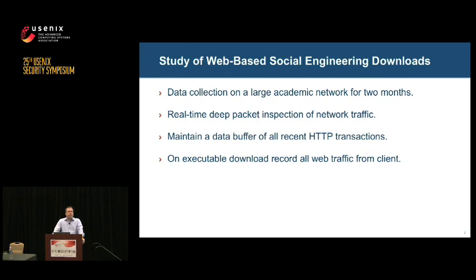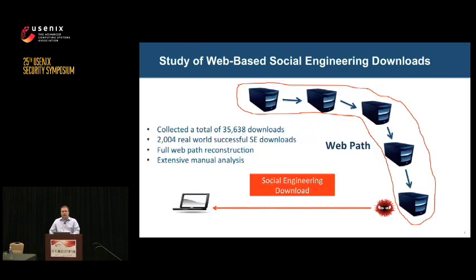Once we observed an executable download, we recorded both the executable itself as well as all the network traffic that went to the user downloading the executable, and we saved all that traffic. The next step is that we retraced the web path.